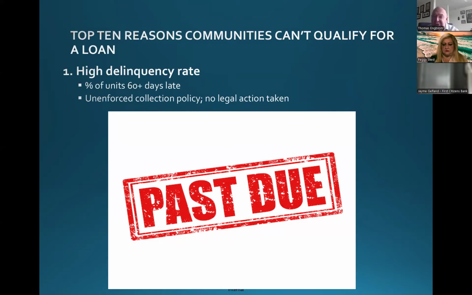The question comes all the time: I'm a board member, am I personally liable? No, you're an officer of the corporation. Do you put a lien on the property? No, we record a UCC showing that there's an outstanding loan on that property. Well, what are you pledging as collateral? You're pledging the assessments as collateral.